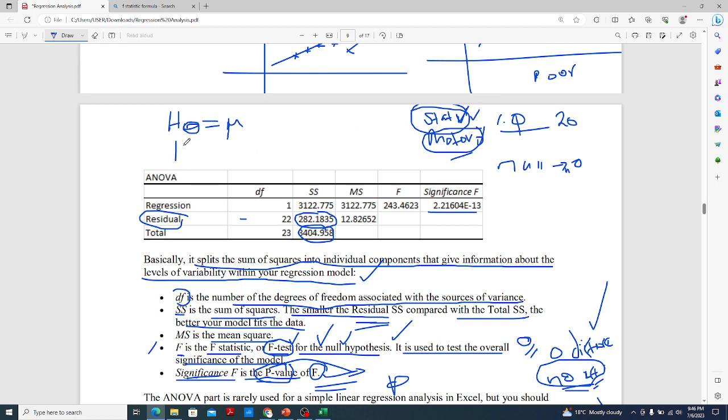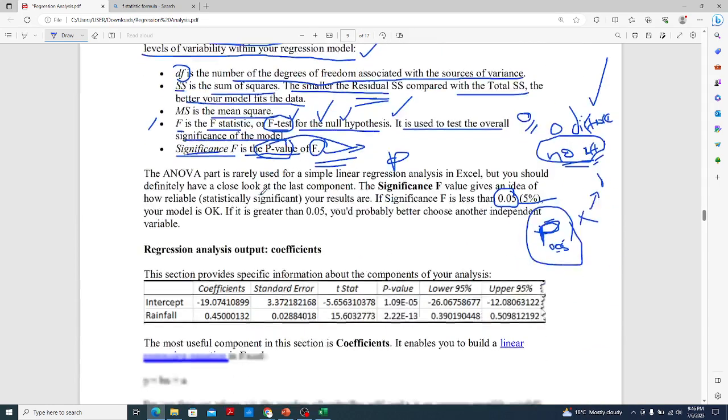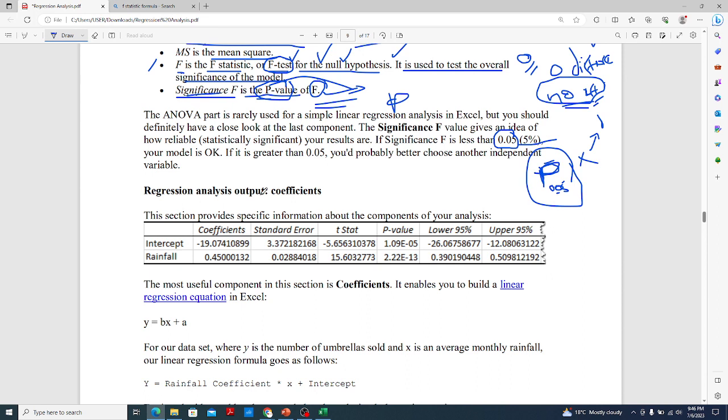Okay, but now the alternative hypothesis will try to say that it's not equal, that their average IQ is not equal. So that is the hypothesis.